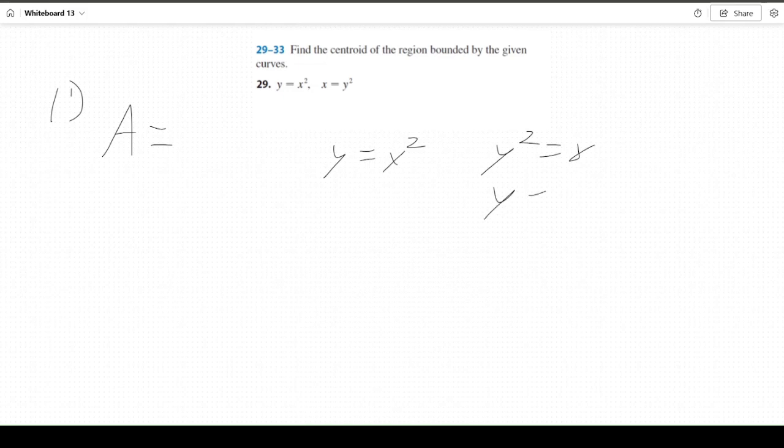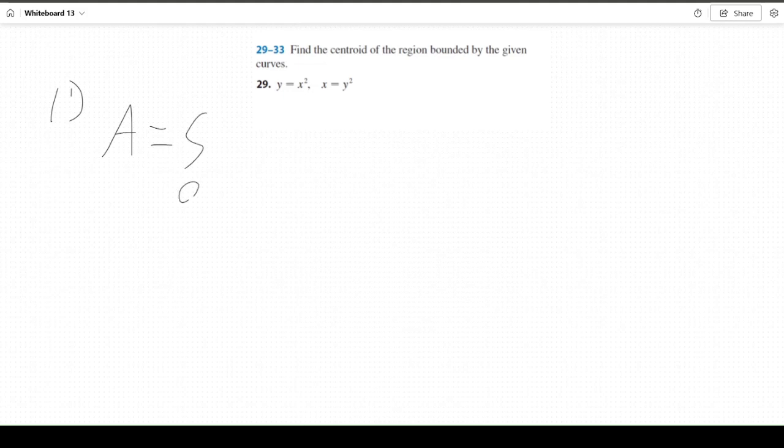We need to get it in terms of y, so this would be square root. You can set the y's equal to each other. So this would be x squared equals x, and we can plug in two numbers. Let's plug in 0 and 1, because in this situation it will work. You plug in 0 and 1 for the x's, they will be equal to each other. So we can use that for our example.